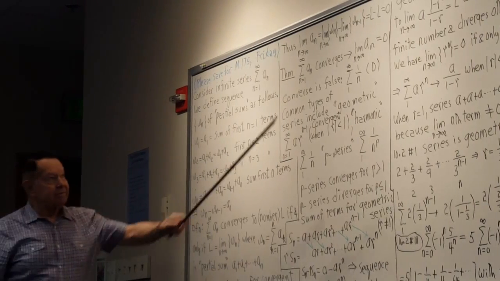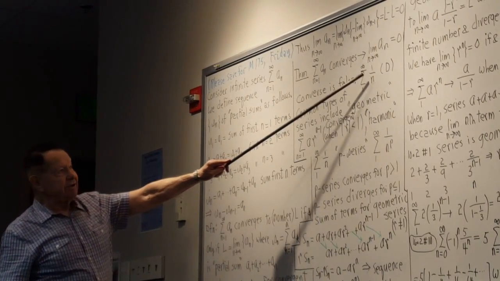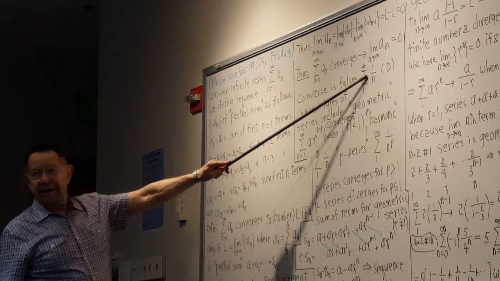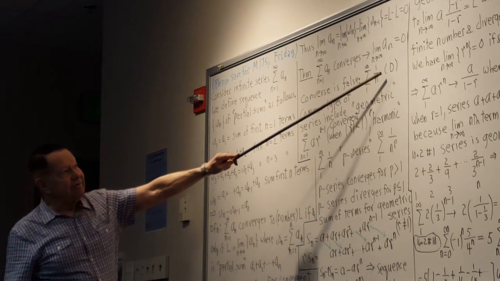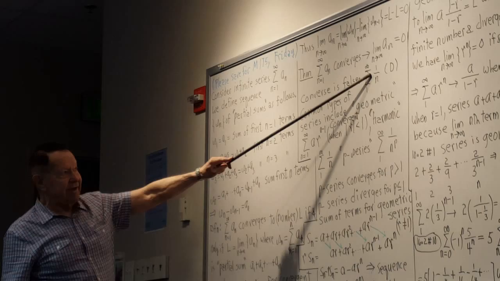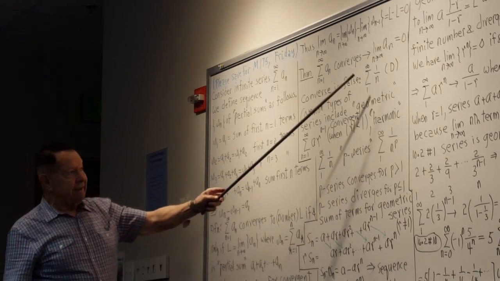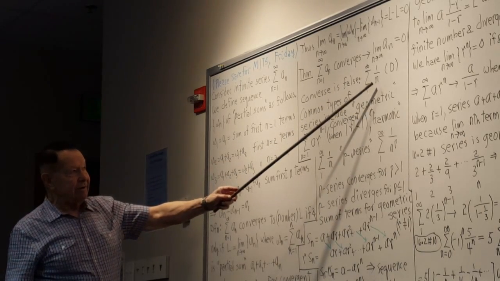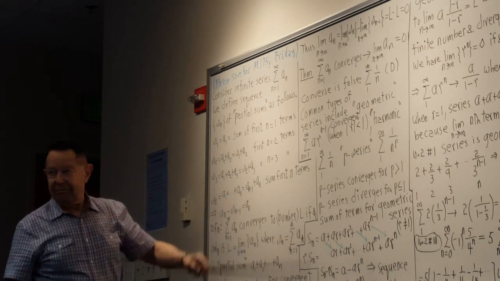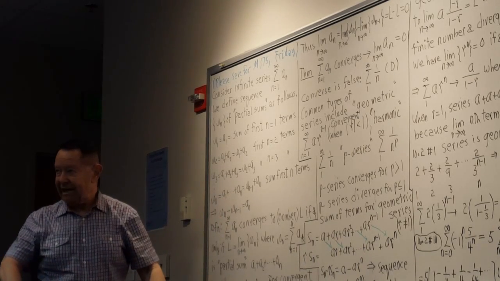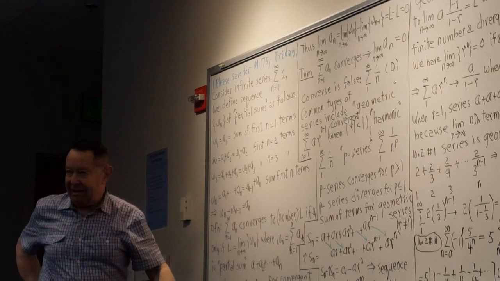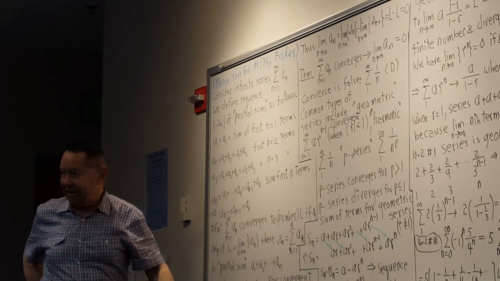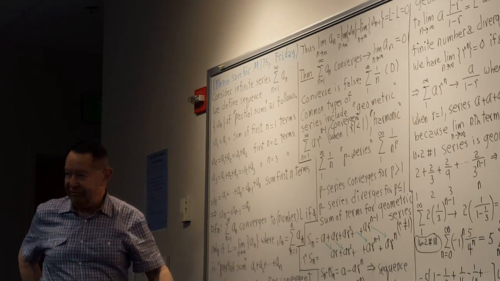For example, here's this divergent series. It has a name. It's called the harmonic series, and I'll prove to you in a few minutes that the thing is divergent. That is to say, if you take all of the counting numbers, 1 plus a half plus a third plus a fourth plus a fifth, you can make them add up bigger than any number you want to name if you live long enough to do it.